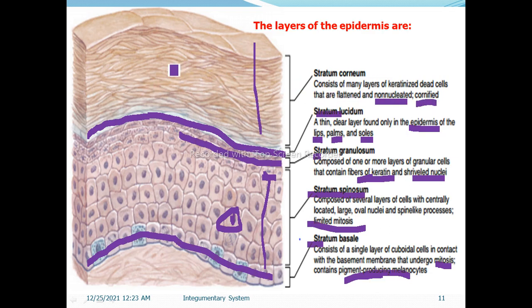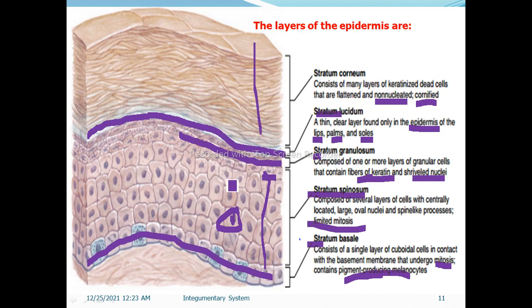This is the outer layer of the skin which we touch. For instance, if you touch the dorsum of your hand, the area you touch is stratum corneum, the superficial layer of the epidermis.